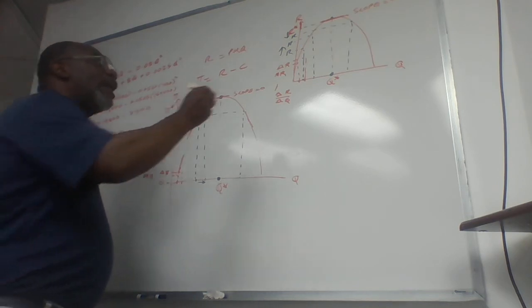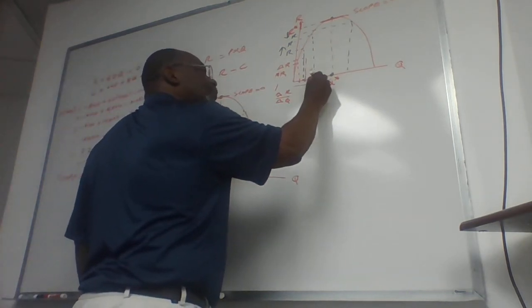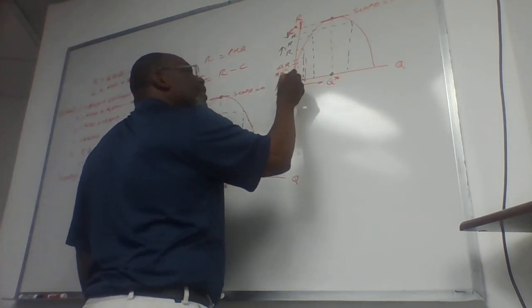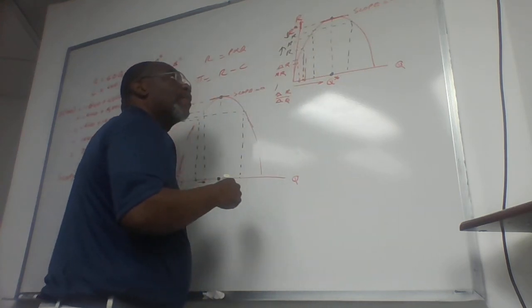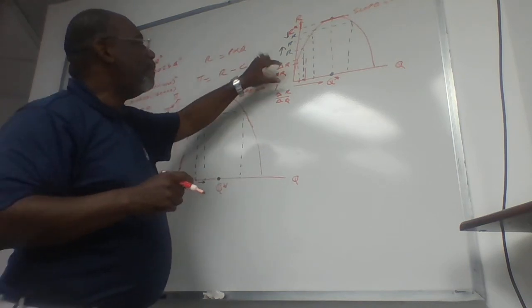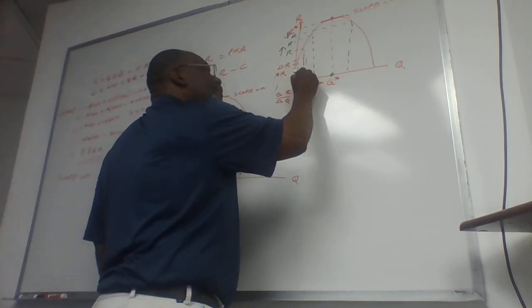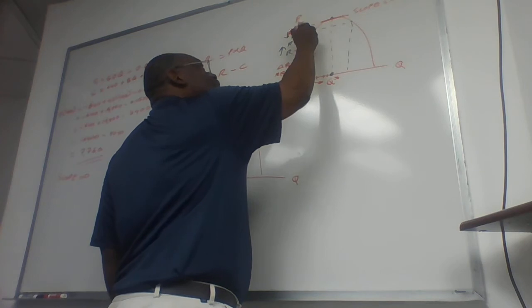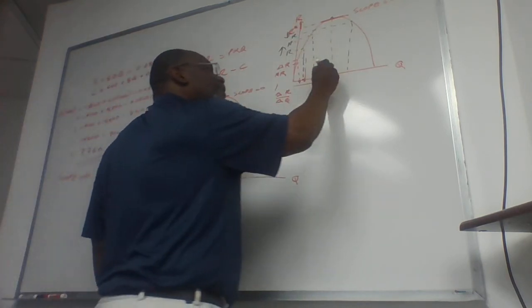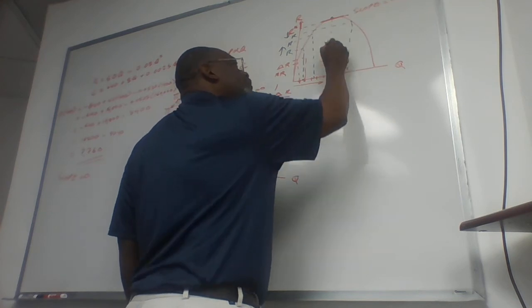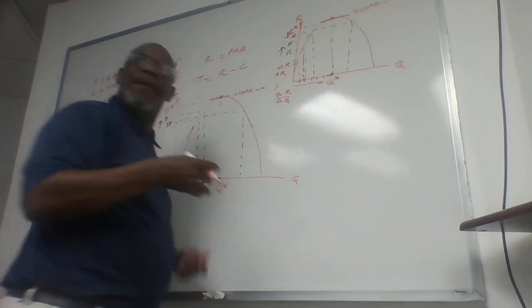If we go in this direction, every time we increase production, our revenue goes up. The problem is that even though we increase production by the same amount, it goes up by a smaller and smaller amount, until we get from here to here, where increasing production doesn't make it go up anymore.